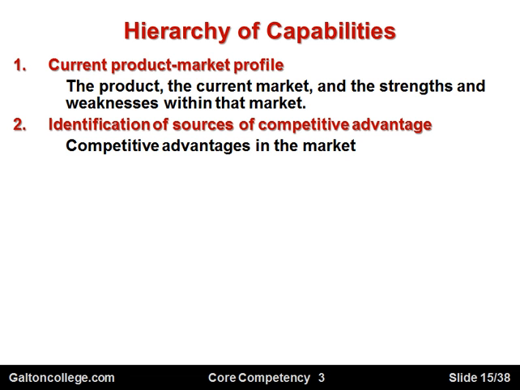Or what is it the business could have that the other businesses may not be able to develop? What's the source of the competitive advantage? Is it the workers who make a very high quality product? Is it customer relations management, after sales service? Is it the marketing, the image of the product? What is it exactly that gives the product its competitive advantage? So it needs to be identified.